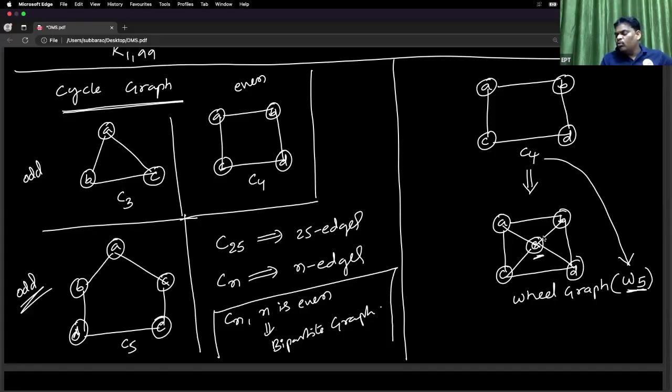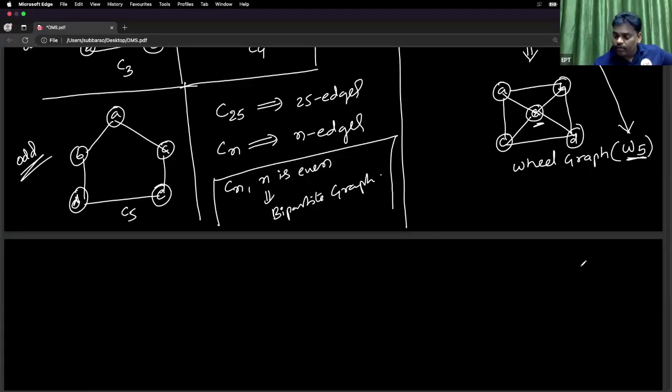The only thing is one more new vertex, with edges to all other vertices. If anyone is not getting it, I will give one more example.